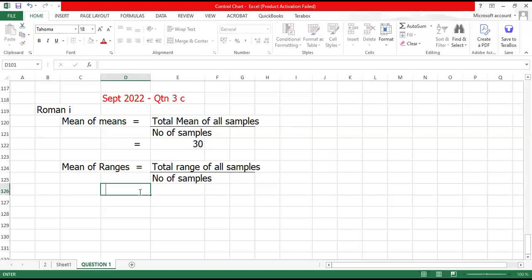What about this? Yes, the mean is 30 and the range is 20. Okay, that is mean of mean, then this is mean of range.